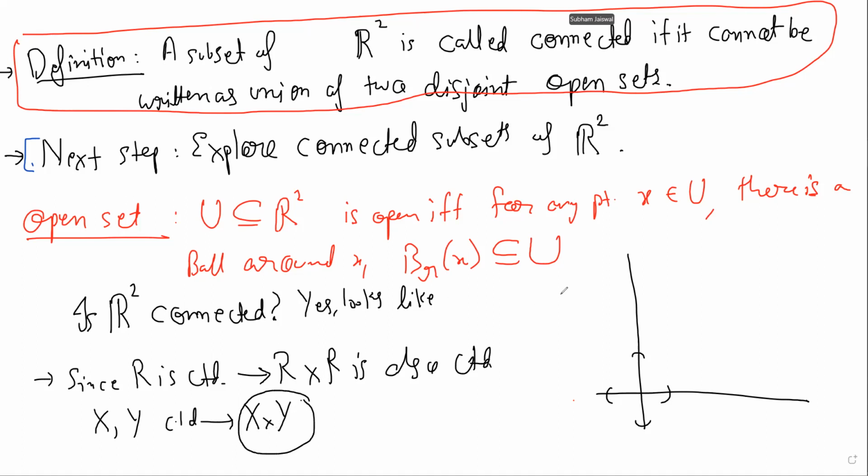The other thing you were saying, and you are right, is that if you take an open set U, then around every point you can make an open rectangle. If you can make a ball, you can inside the ball make a rectangle also. But again, this does not prove that R2 is connected or R plus R is connected.